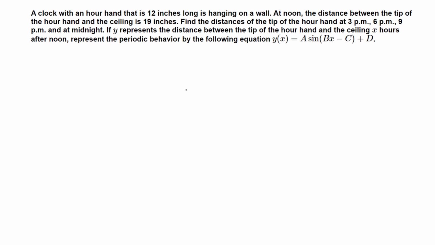Read the question carefully. Here we have a clock with an hour hand that is 12 inches long, hanging on a wall. At noon, the distance between the tip of the hour hand and the ceiling is 19 inches. So let's say this is the ceiling, and here is the clock.